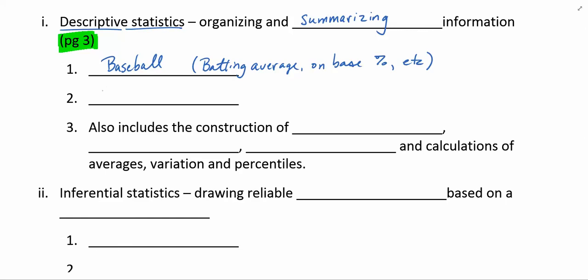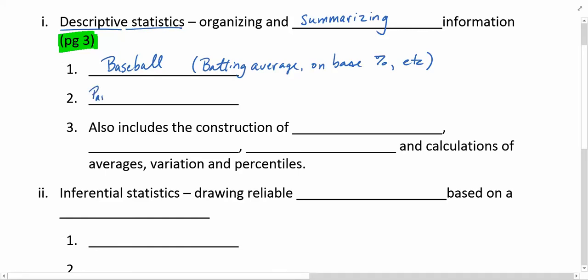Now, in addition to baseball, our parking lot activity was actually an example of descriptive statistics. And if you remember, in that parking lot activity, we made note of the style of vehicle, the color of the vehicle, and the manufacturer.